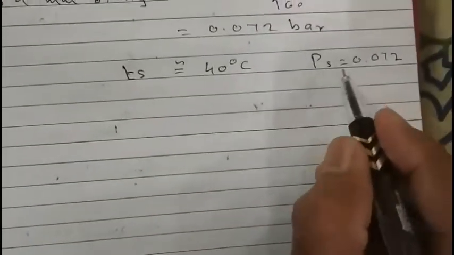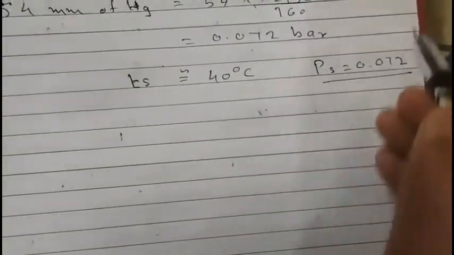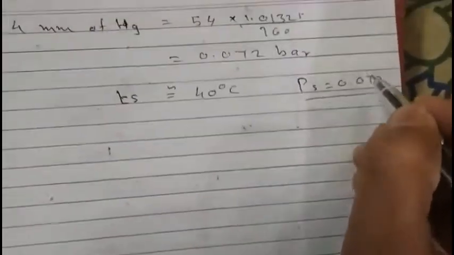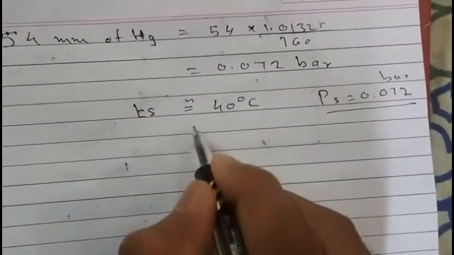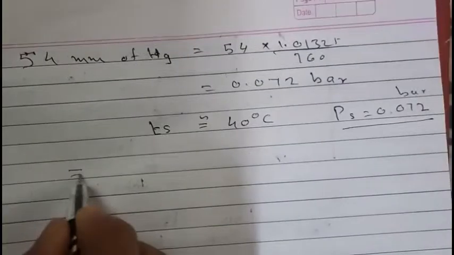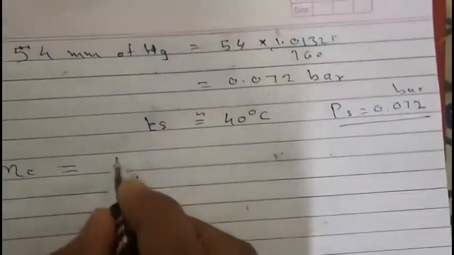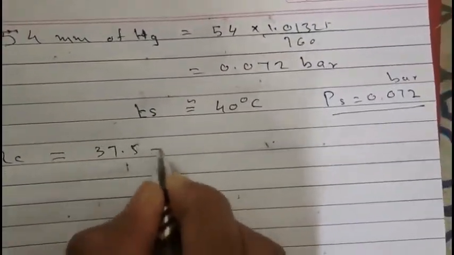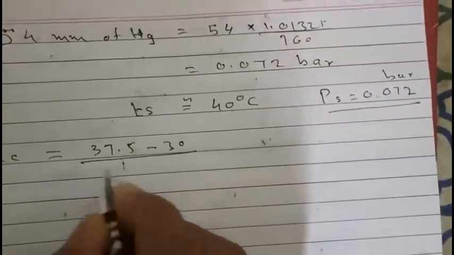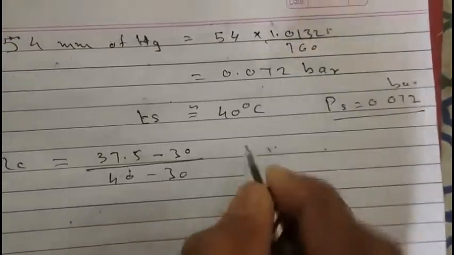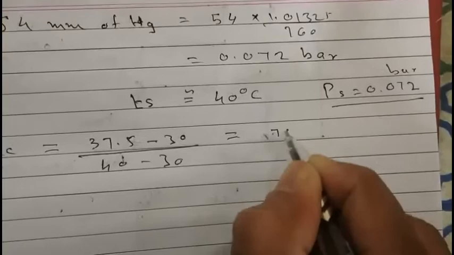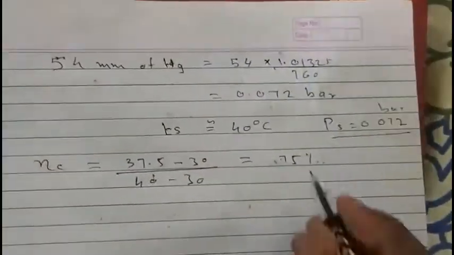See steam table number 1, partial pressure of the steam for 0.072 bar, and corresponding to it you find the saturation temperature. You just put it in the condenser efficiency formula: 37.5 minus 30 divided by 40 minus 30. If you do the calculation it comes out to be 75%.